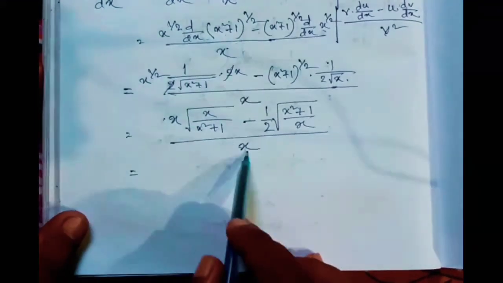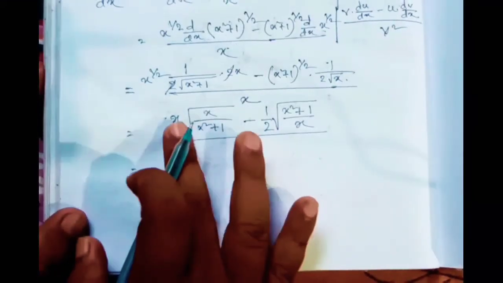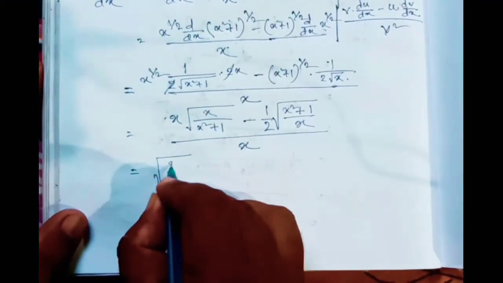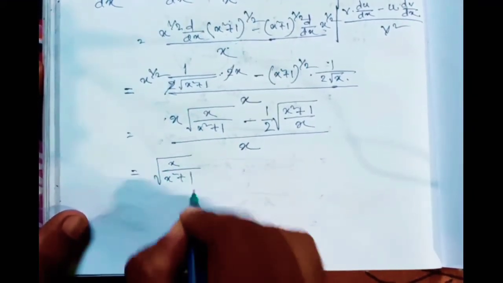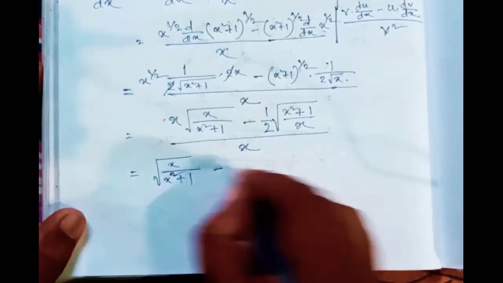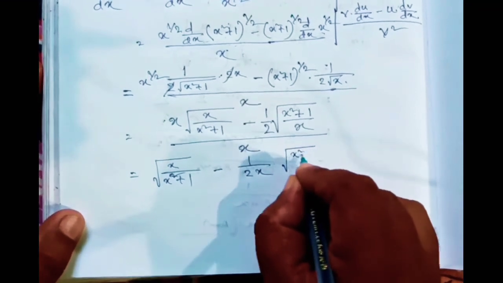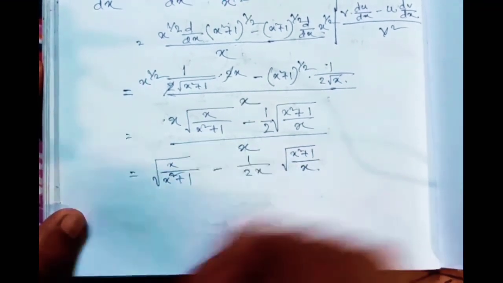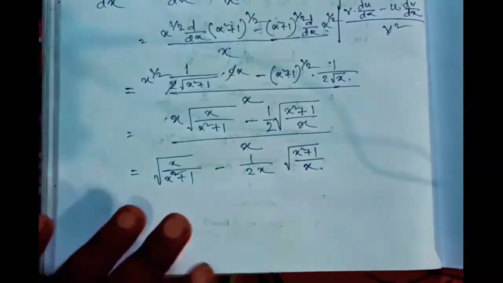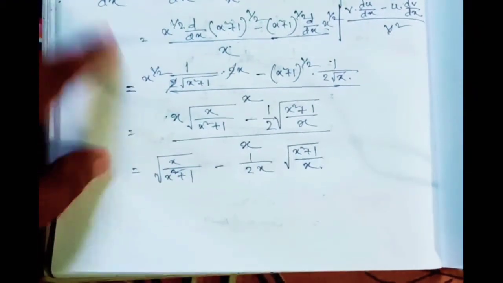Now if we calculate it again, this by x means root of x by x square plus 1 only, minus 1 by 2x root of x square plus 1 by x. So that is the final dv/dx.